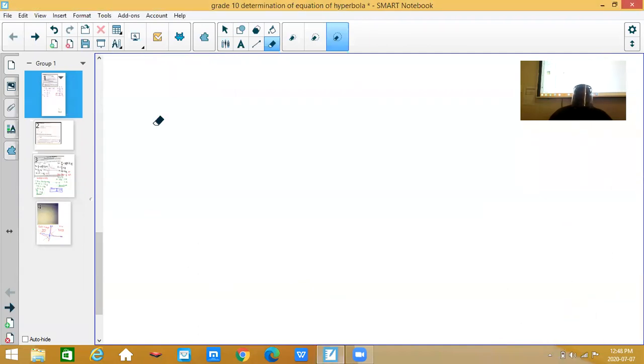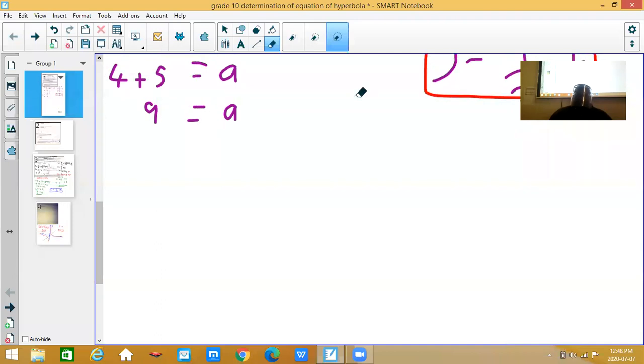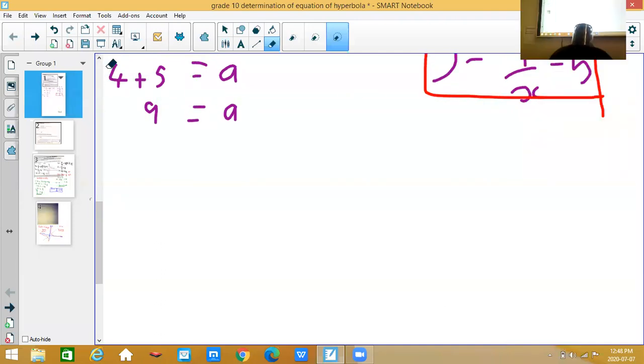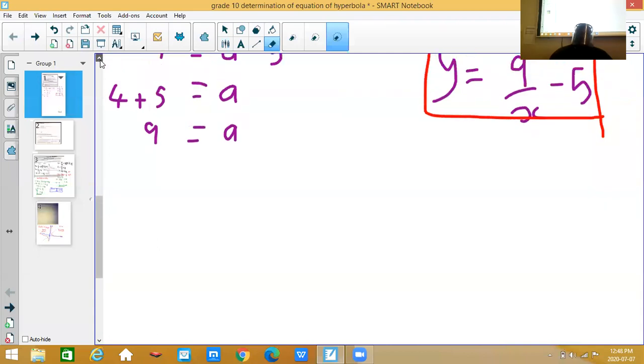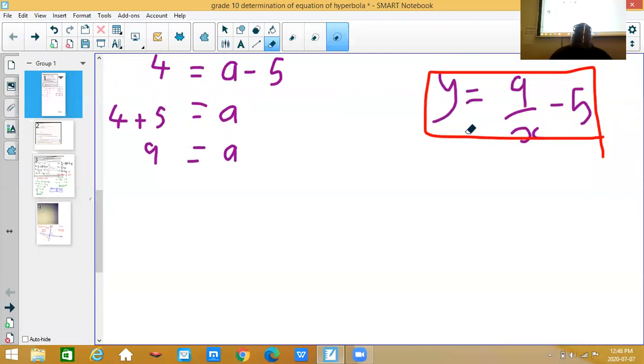Now you will take note that on this particular case, our equation is y is equal to 9 over x minus 5.